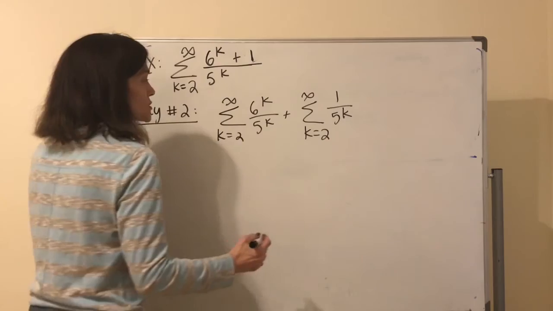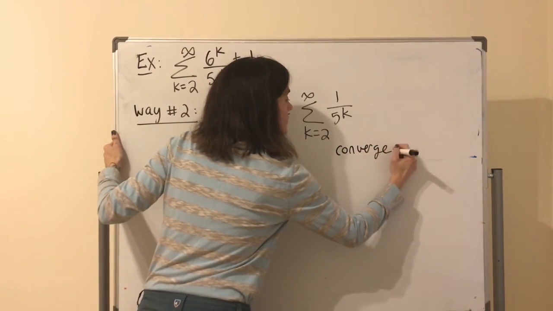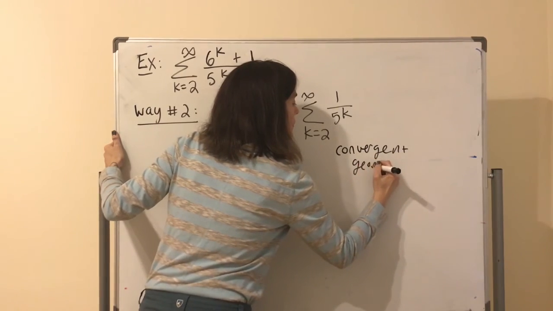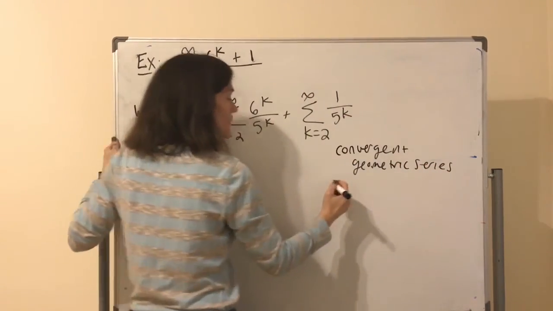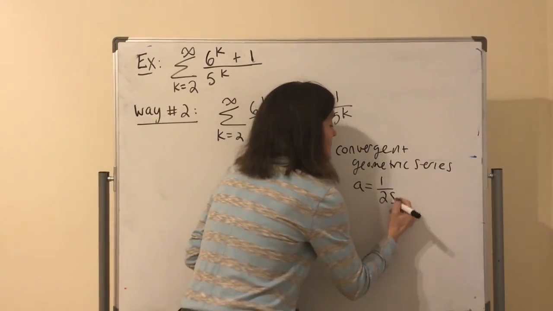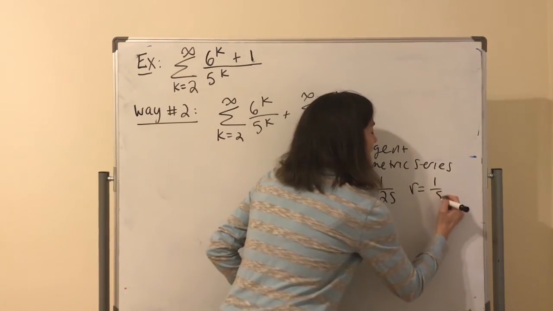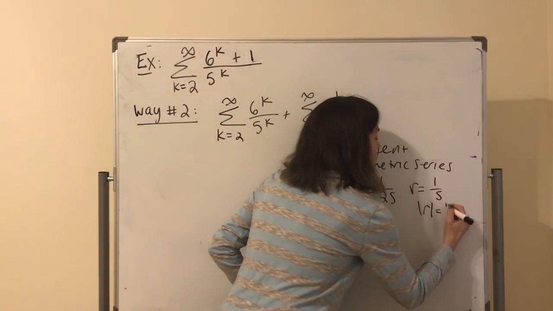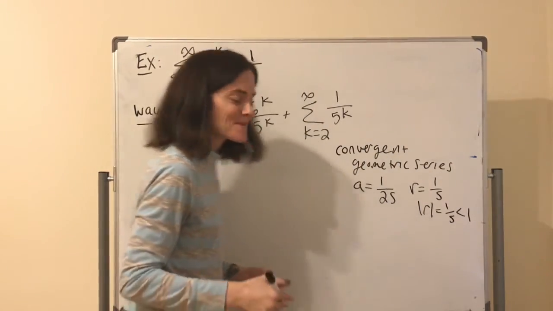Both of these are geometric. This one is a convergent geometric series. Because, well, the initial term, this is a good exercise, is 1 over 25, 1 over 5 squared. My r is 1 over 5, absolute value of r, 1 over 5, less than 1, converges, and we can calculate a over 1 minus r.